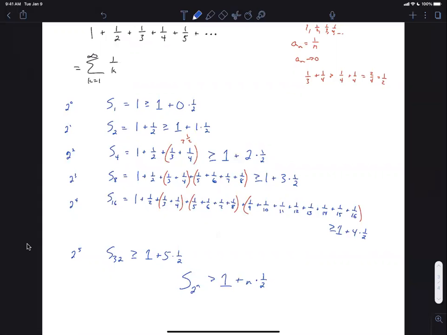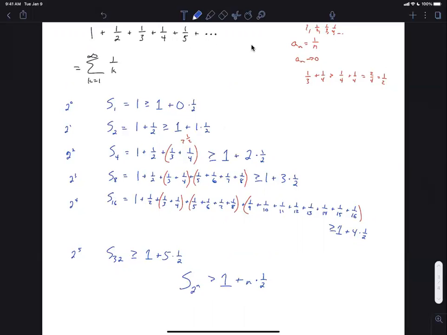Okay. Now I know it's weird, but the reason that this diverges is because eventually this gets as big as you want. If you want to add these up and make the sum bigger than 1,000,000, then you can do that. If n were 2,000,000, this would be bigger than 1 plus 2,000,000 over 2. Now you would need 2 to the 2,000,000th terms, which is a ton of terms. 2 to the 2,000,000th power is a huge, huge number.